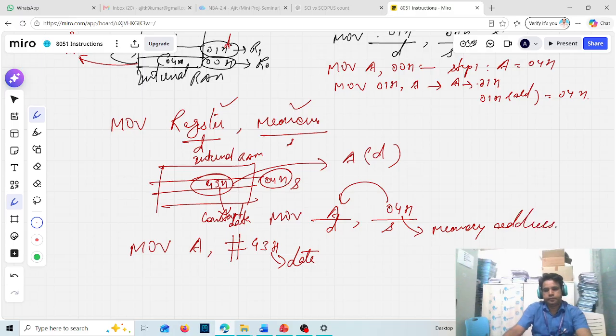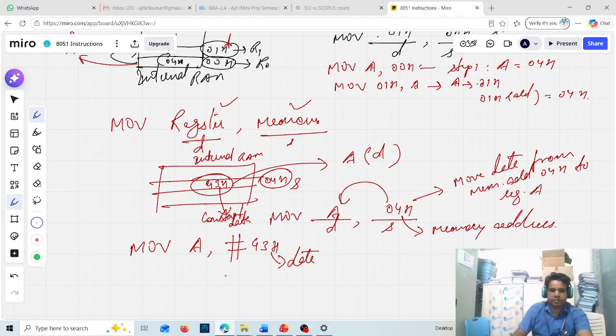So in this case, what is the meaning of this instruction? Move data from memory address 04H to register A. This is the meaning of this instruction. Whereas what is the meaning of this instruction?